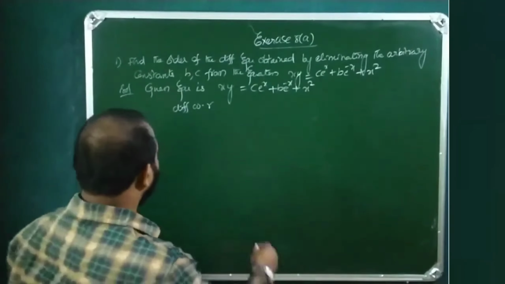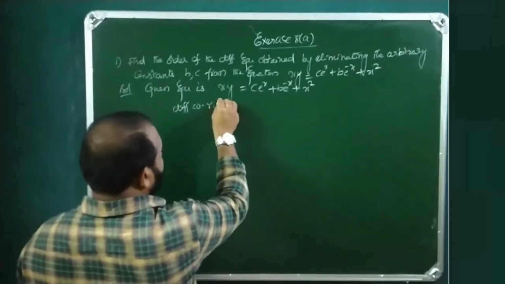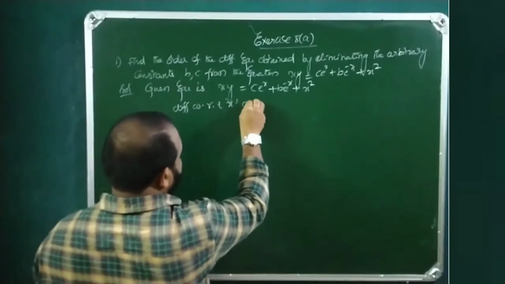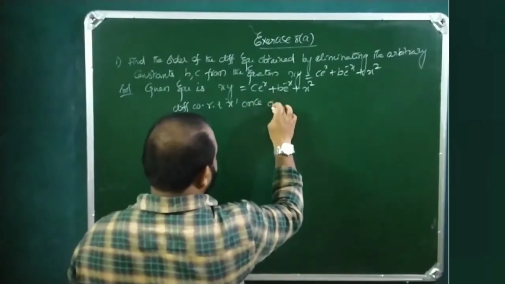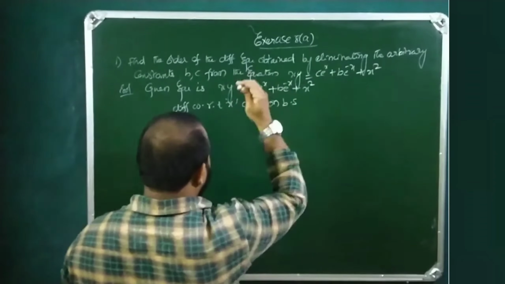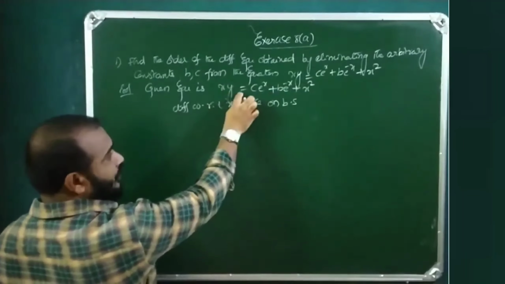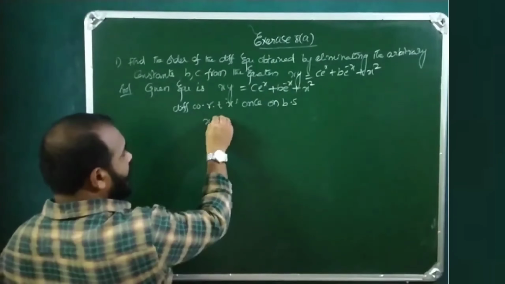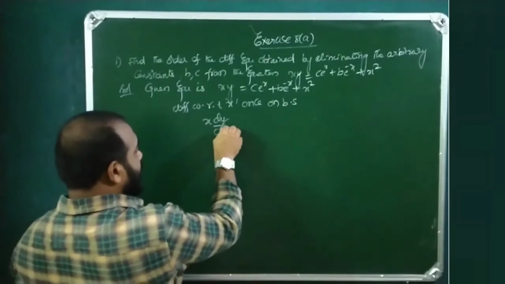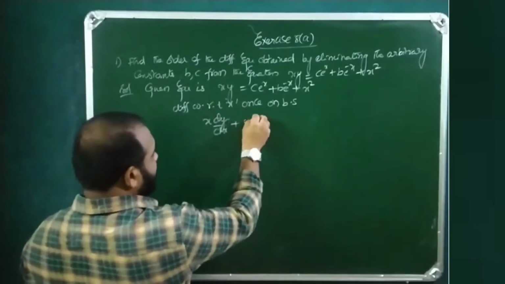So differentiating with respect to x once on both sides, we get xy, this is uv: x into d/dx of y is dy/dx, plus y into d/dx of x is 1.